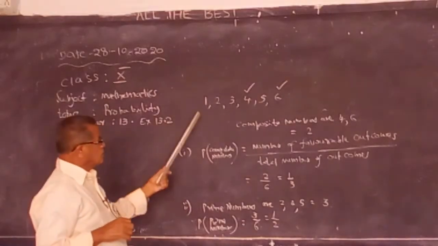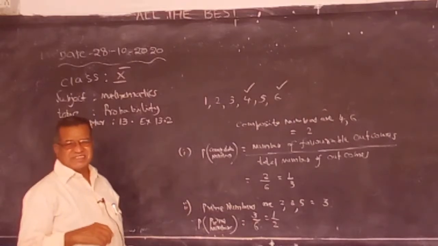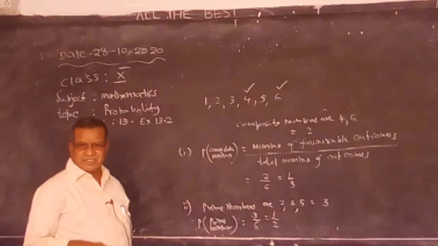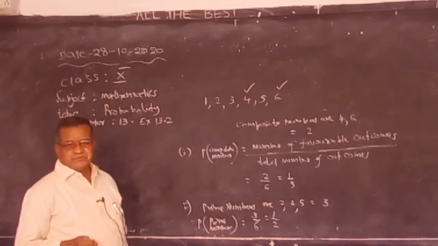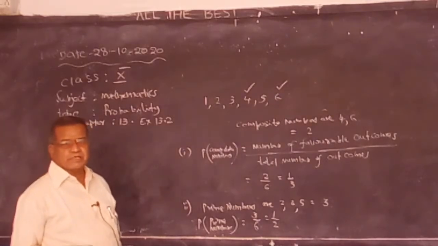Choosing composite numbers from the dice, choosing prime numbers from the dice. These are all events. Every problem is an event, elementary event.